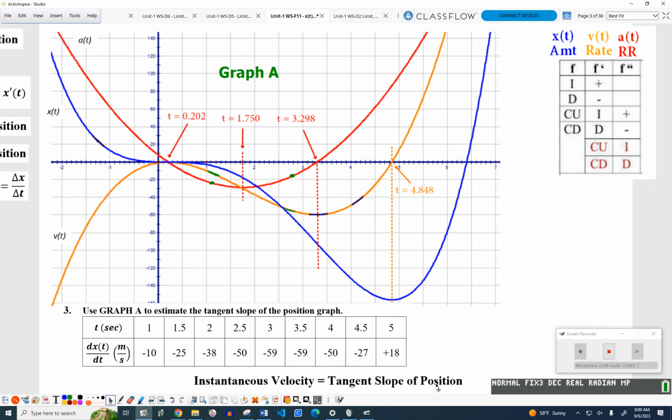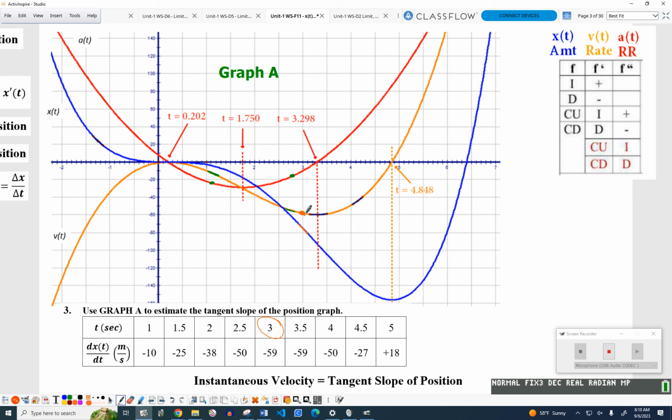So if I go here, Clark, to like time 3, I look at my position graph at time 3. I'm trying to find this slope right here. That's not the easiest to calculate per se, but because I have the velocity graph, I can just go find this y-coordinate.